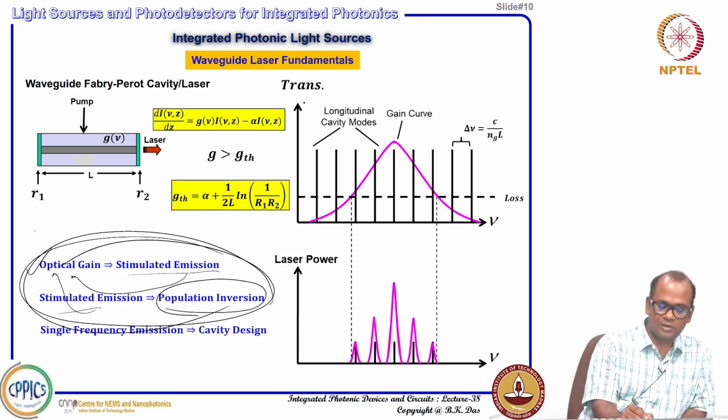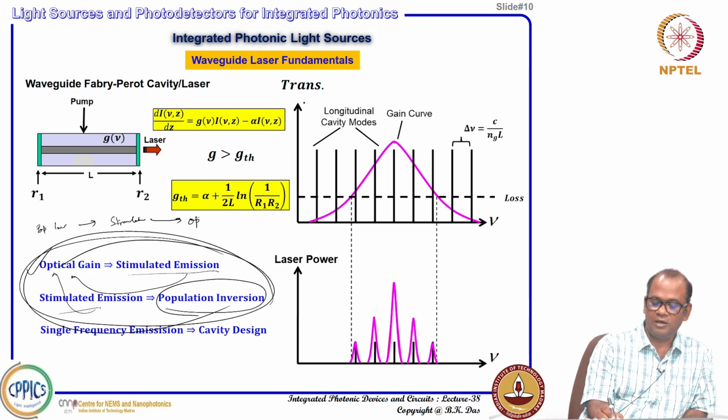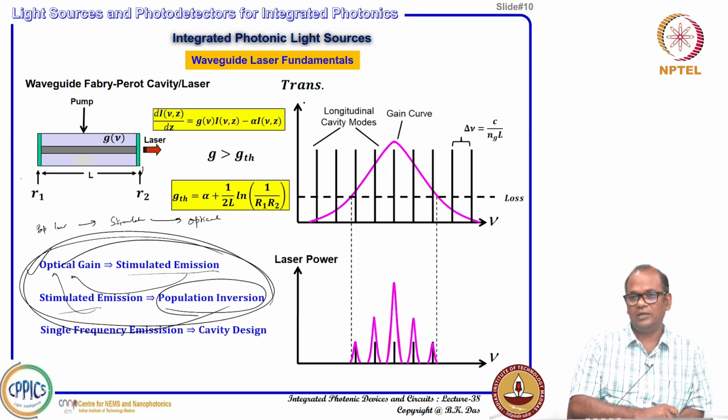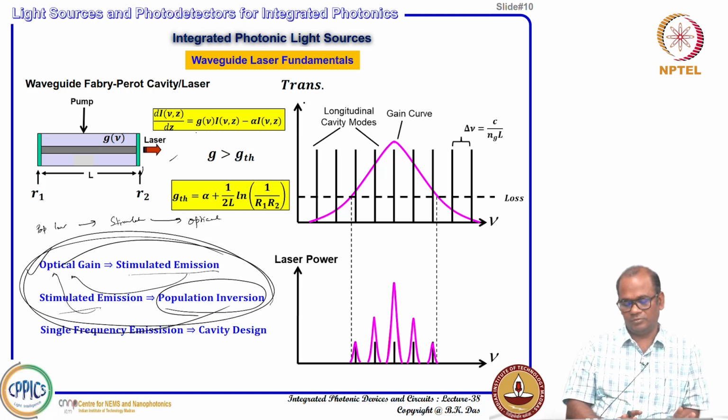I can picturize that: first you get a population inversion in a material medium, that gives you stimulated emission, and that gives you optical gain. And if you have positive feedback like a mirror, and this gain is sufficiently higher than the loss of the cavity, then you get a laser. That is the overall principle of laser emission.